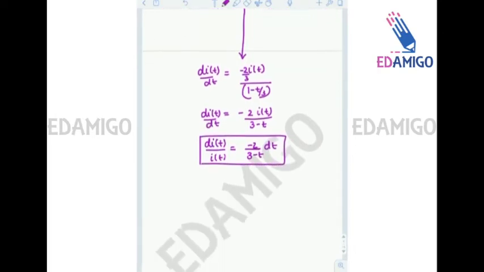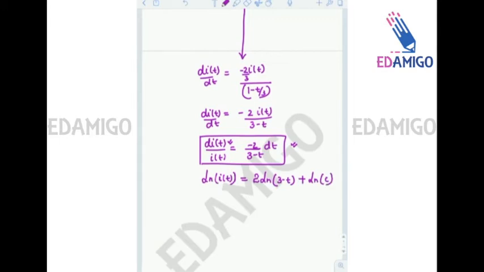We can see that this integration will give us a log equation, where if we integrate both sides then we will get ln of I(t). Because if we integrate this we will get ln of I(t) equal to 2 times ln of (3 minus t) plus ln of C, where C is a constant.